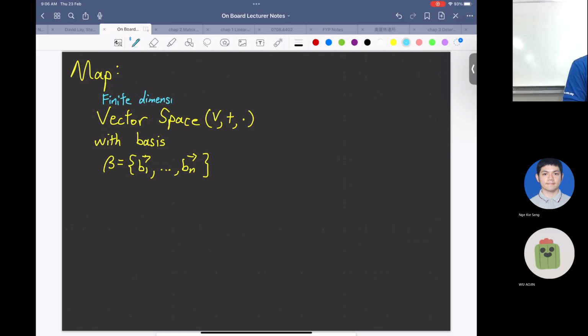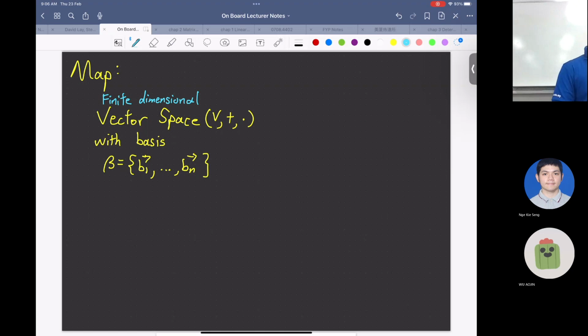So what's the use of bases? The use of bases is to express every vector in your vector space uniquely. You have a unique way to describe your vectors as a linear combination of your basis vectors.